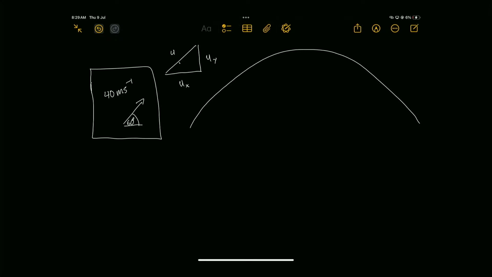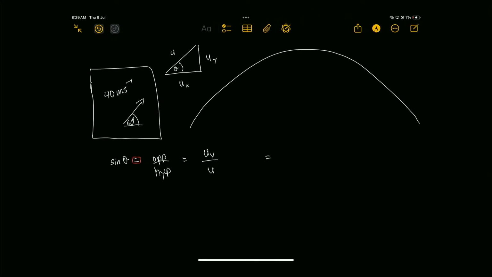And this angle here we can write as theta, right? That is equal to 60 degrees. So in this case, sine theta is equal to the opposite over the hypotenuse, which is equal to uy over u.